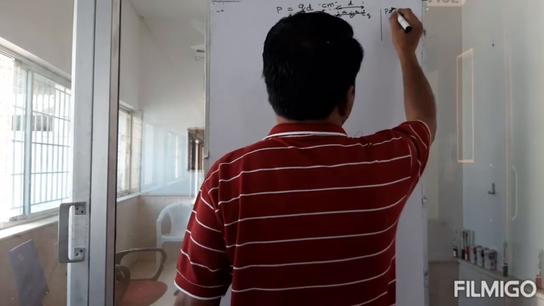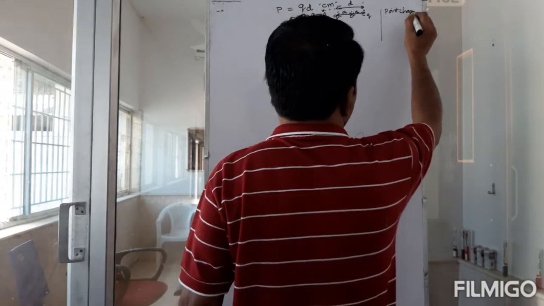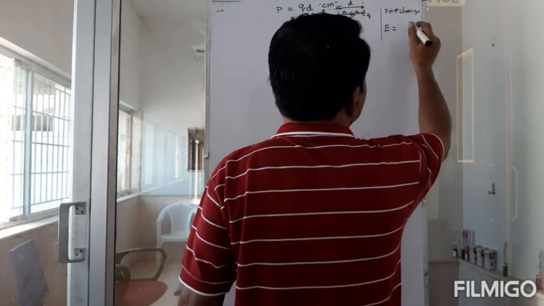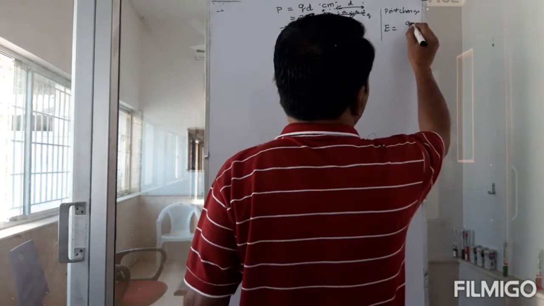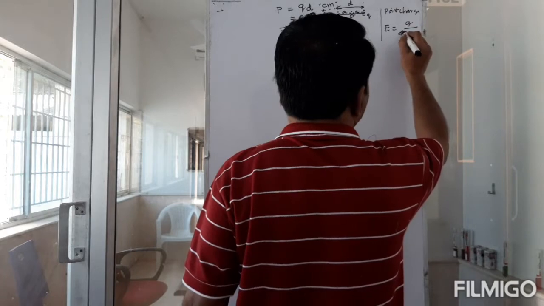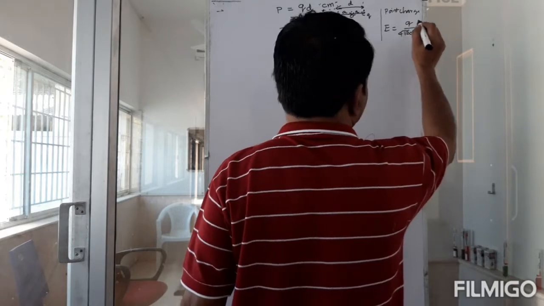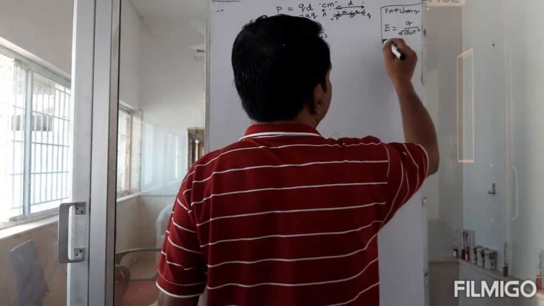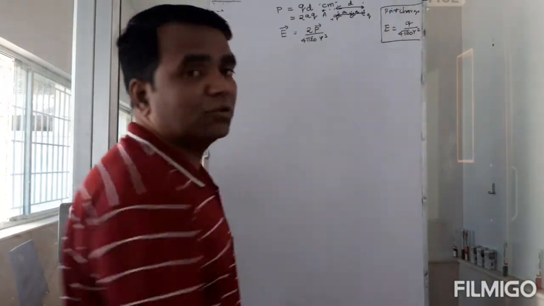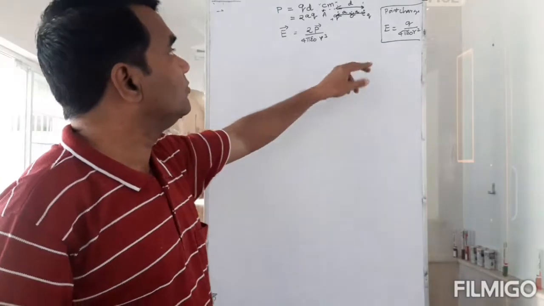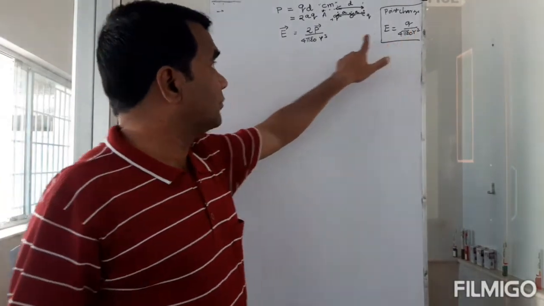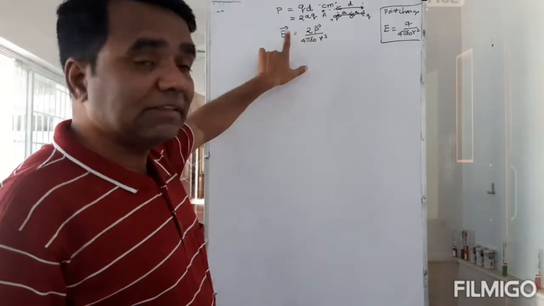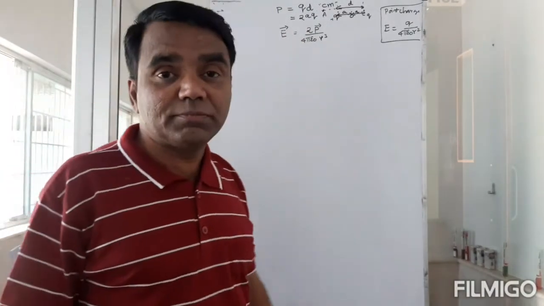For a point charge, E was given by Q by 4 pi epsilon naught into r square. Right? This is Coulomb's law. So it is r squared here, but you got r cubed here. So does it mean that the unit for this has changed?